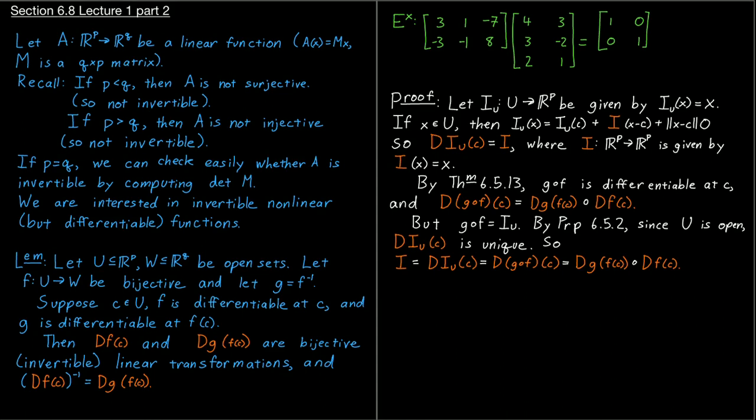Let's rename this identity to I sub p. That's just to emphasize that it's the identity in p dimensions. It represents multiplication by the p by p identity matrix.